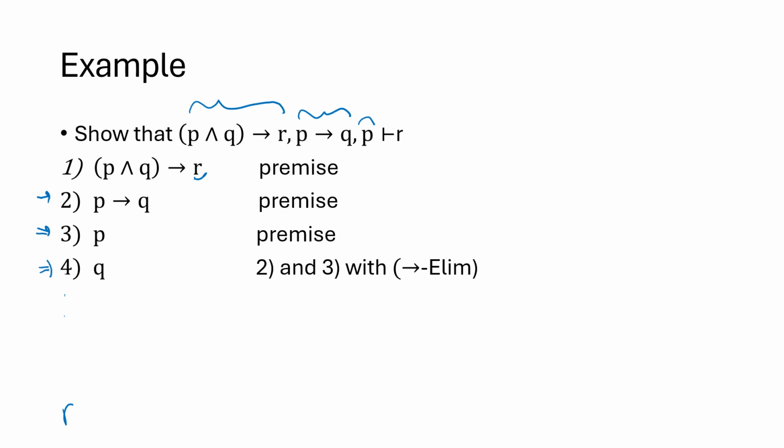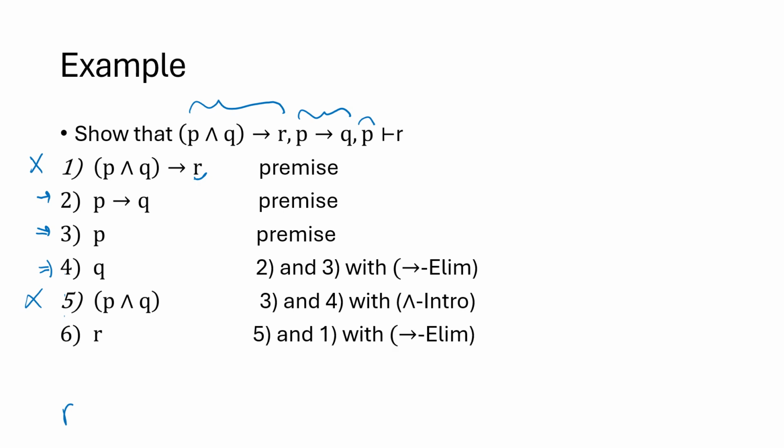So using these two known facts and the inference rule for AND introduction, I can get P and Q. So from 3 and 4 using AND introduction. And now if you look at line number 1 and line number 5, I have if P and Q then R on line 1, and P and Q on line 5. So combining these two using arrow elimination, I can get R, and that's the end of my proof.